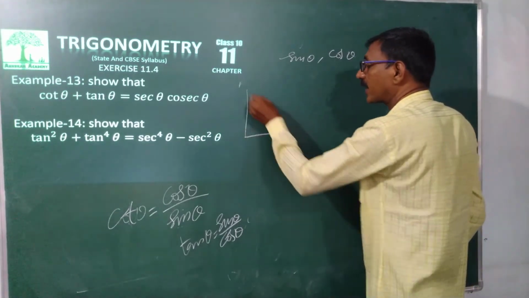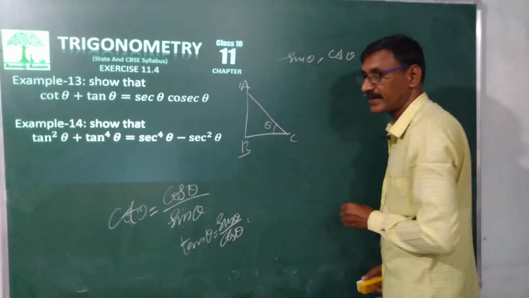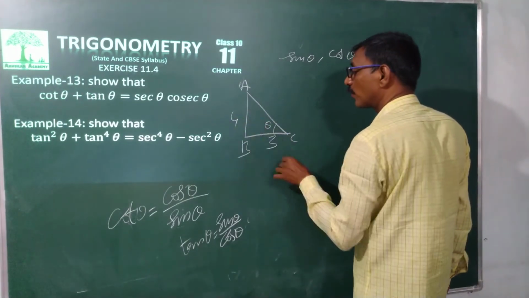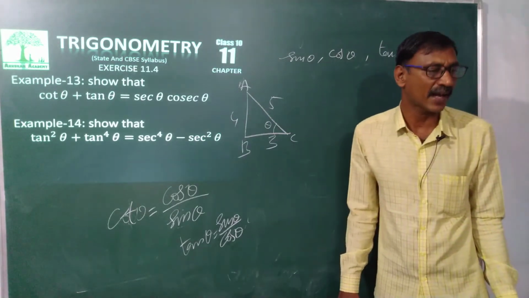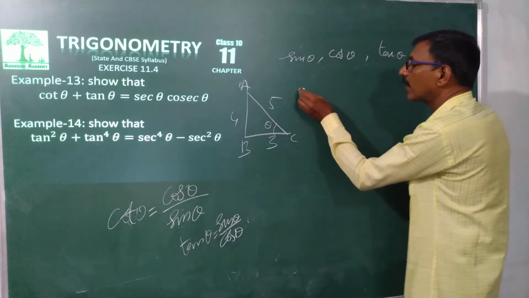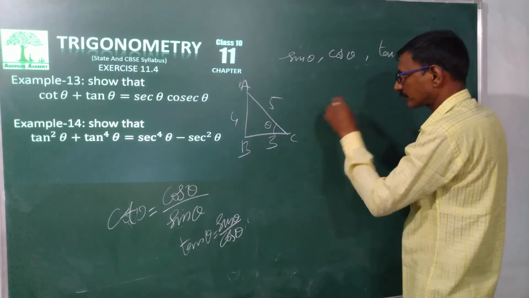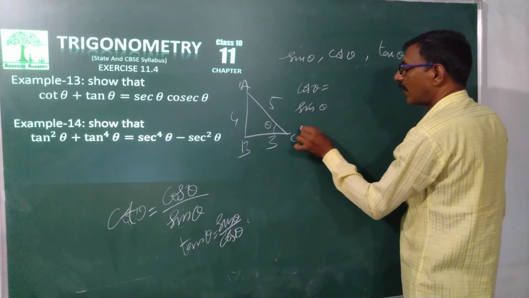This is my right angle triangle ABC, and this is some theta. This is 3, this is 4, this must be 5 because these are Pythagoras triplets. Here I would like to write cos theta, sin theta and tan theta.